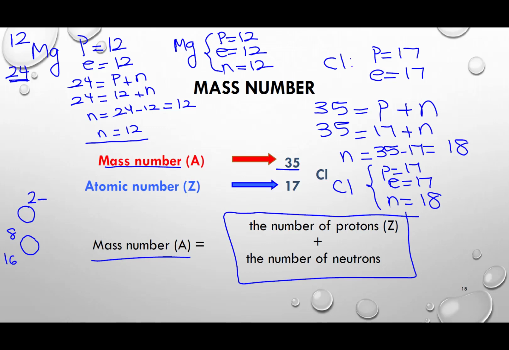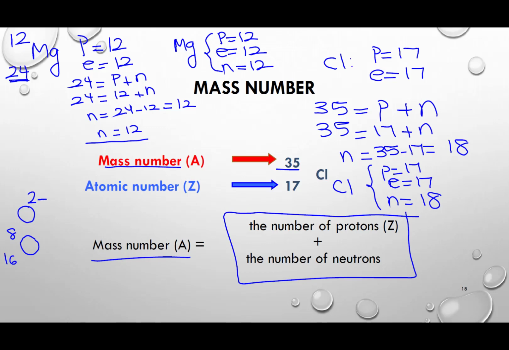No matter if your species is charged or not charged, the number of protons and the number of neutrons always stay the same. It's only the number of electrons that changes. For protons and neutrons, they always stay the same because we can never touch the center of the atom. It's only those valence electrons that we could either add or remove.